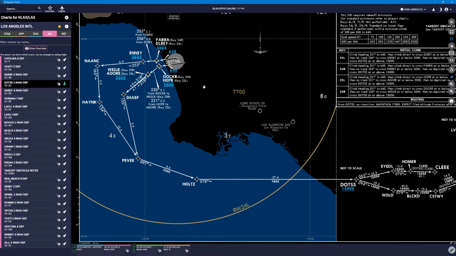Expect 35,000 or whatever, 5 minutes after departure or 10 minutes, which is why it's very important, when you are cleared to depart, to start the stopwatch or start the clock.